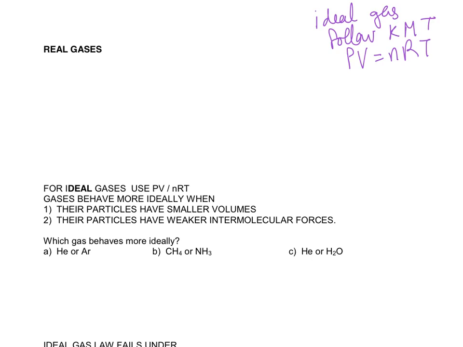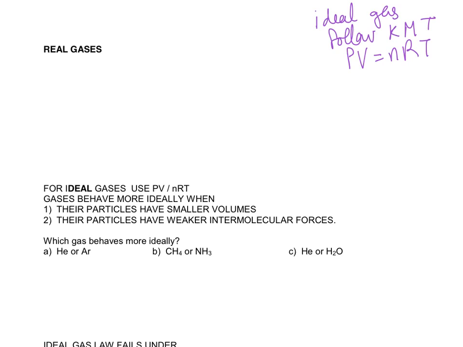And the reason is because KMT and PV equals nRT make several assumptions. So let's talk about those several assumptions. There are two main assumptions. The first assumption is that ideal gases, their volume is negligible. So the volume of the gas particles themselves is negligible compared to the container.